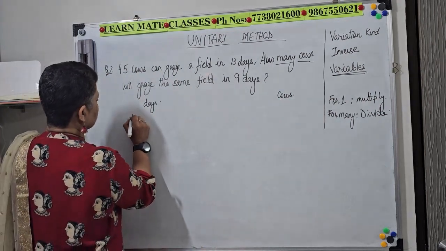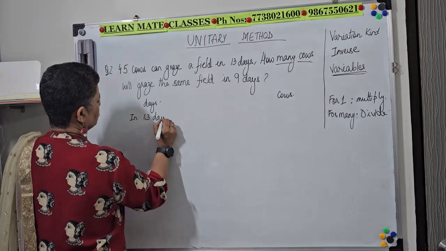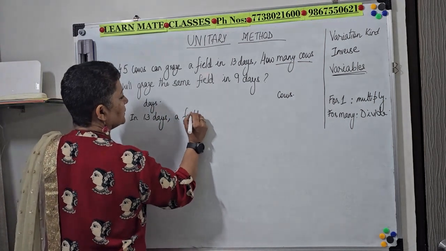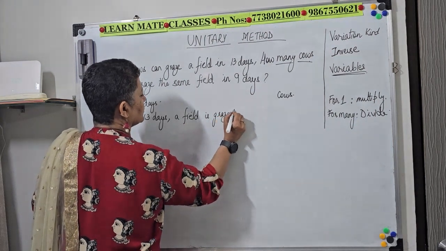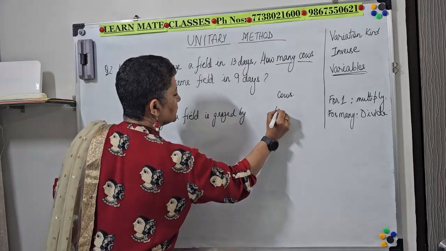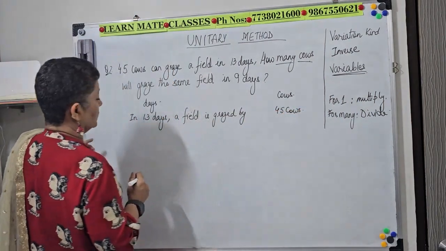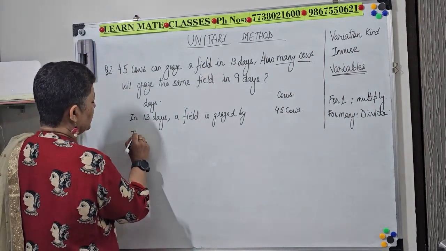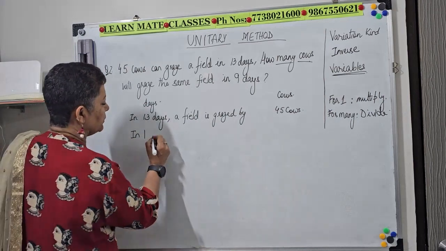So in 13 days, a field is grazed by 45 cows. So in one day, if I just say that so many cows come in that the entire field is grazed in one day, let's see what's going to happen.